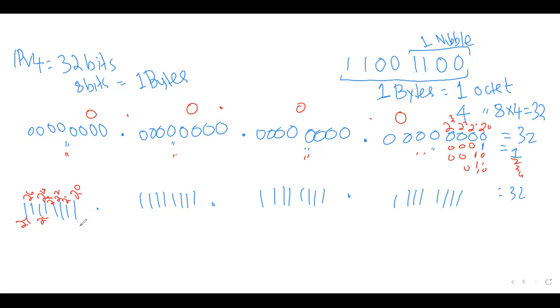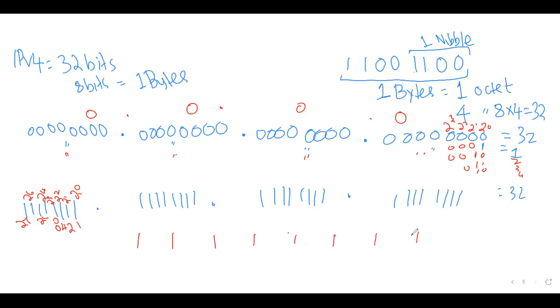Now, I said 1, 2, 4, 8. Okay, I'll write the 8 bits individually at the bottom: 1 1 1 1 1 1 1 1.